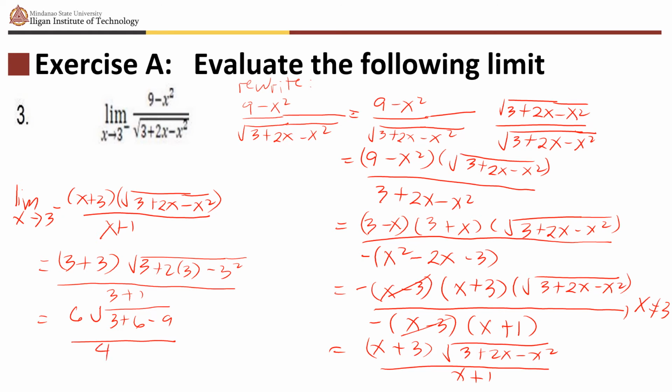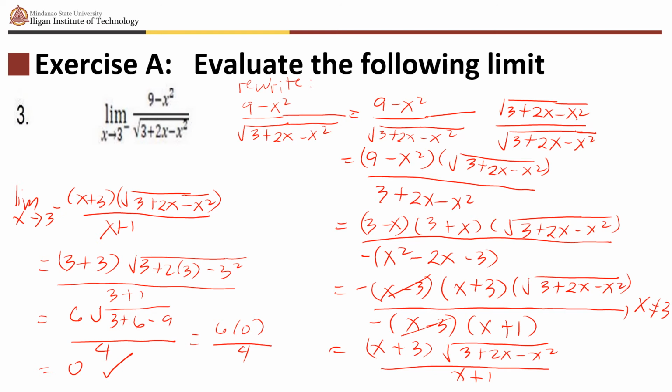But this is the same as 6 times 3 plus 6 is 9 minus 9, so that is equal to square root of 0, which is 0, all over 4. That is equal to 0. So meaning to say the limit of this quantity, 9 minus x squared all over square root of 3 plus 2x minus x squared, equals 0.